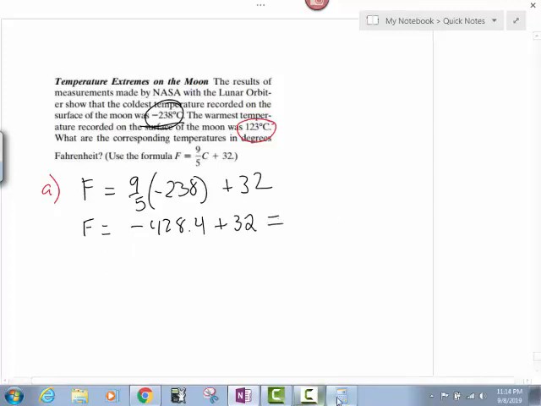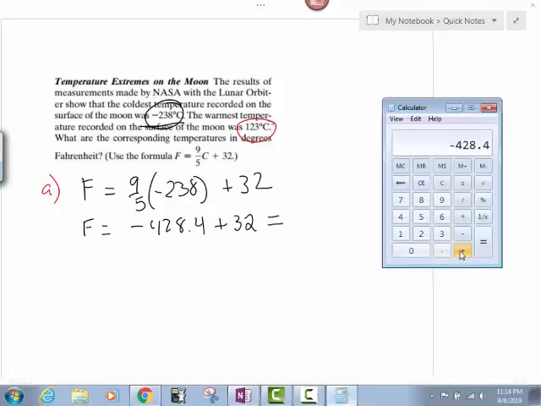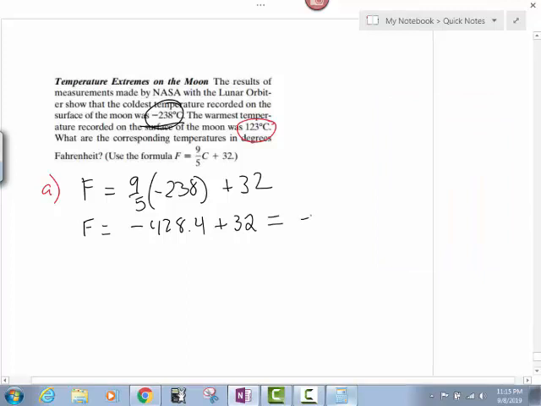So now I'm going to take my calculator. I'm just going to add 32 degrees to it. Okay. And if you notice, the number that I'm coming up with is negative 396.4.